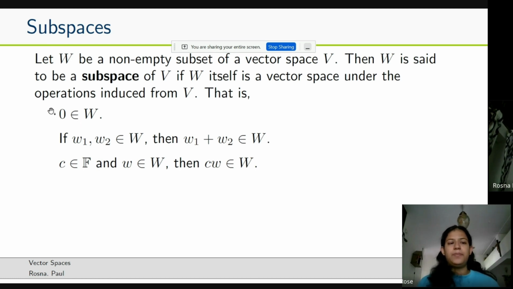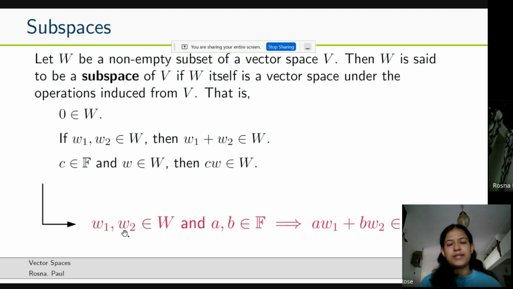Which means that there should be an additive identity in your subspace, and if you take any two elements from W, it should be closed under W, that is their sum should belong to W. And for any scalar from F, if you take any vector from W, then their product should also belong to W. And checking all the properties of the vector space, whether it is a subspace or not, is a bit lengthy.